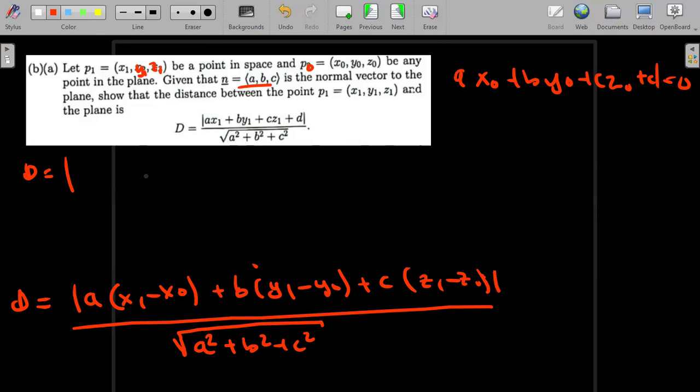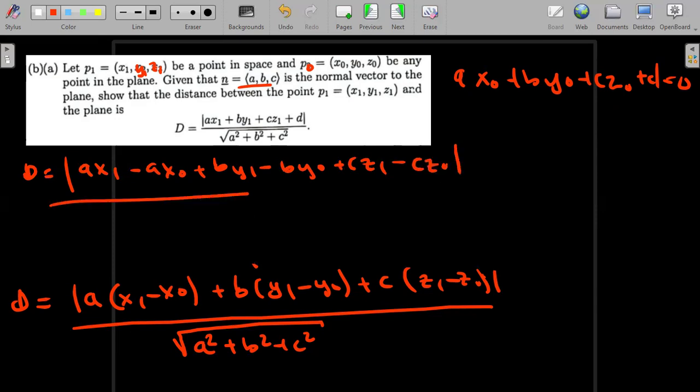So we'll get a x1, then minus a x naught, then plus b y1 minus b y naught, then plus c z1 minus c z naught, then divided by the root of a squared plus b squared plus c squared.